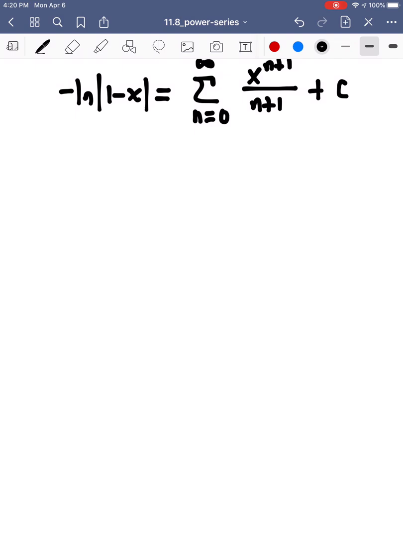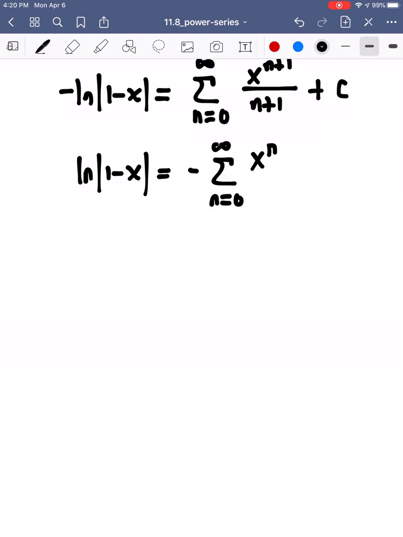In other words, we know a new power series for a function. We have a logarithm now. So the ln of 1 minus x in absolute values is equal to minus the sum from n equals 0 to infinity of x to the n plus 1 all over n plus 1 plus c.